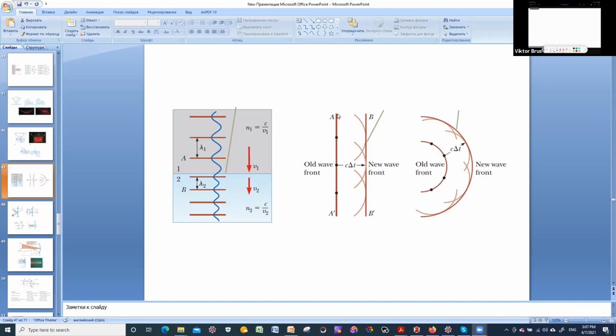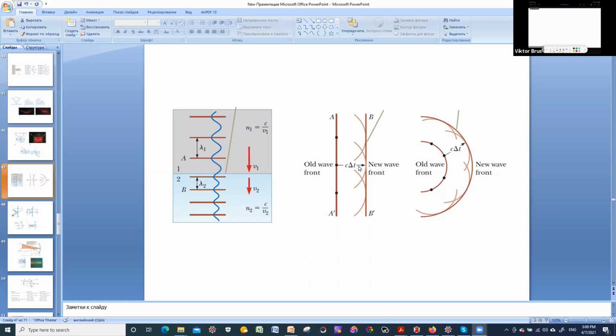let's call it old wavefront, and each point at this old wavefront is considered as a source of spherical electromagnetic wave, like point source of spherical wave, which is spreading in the medium with the speed of light.